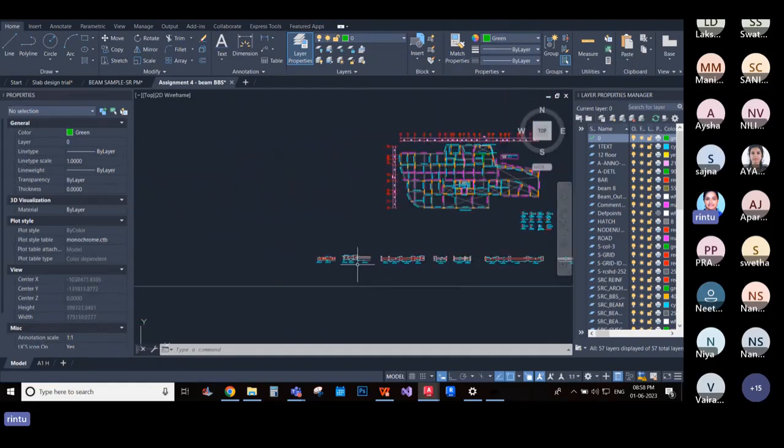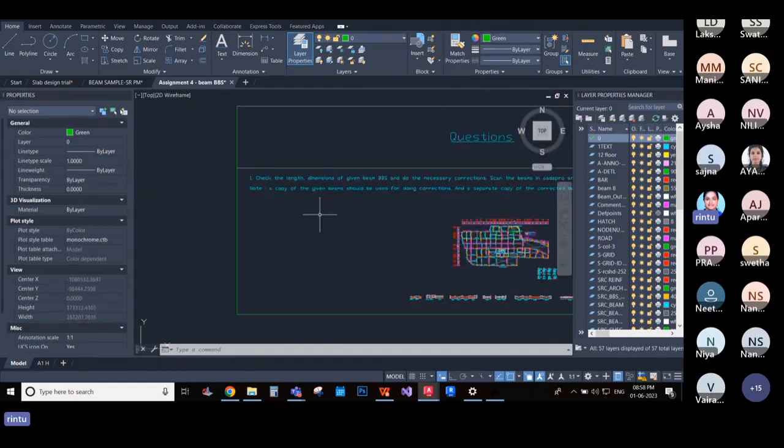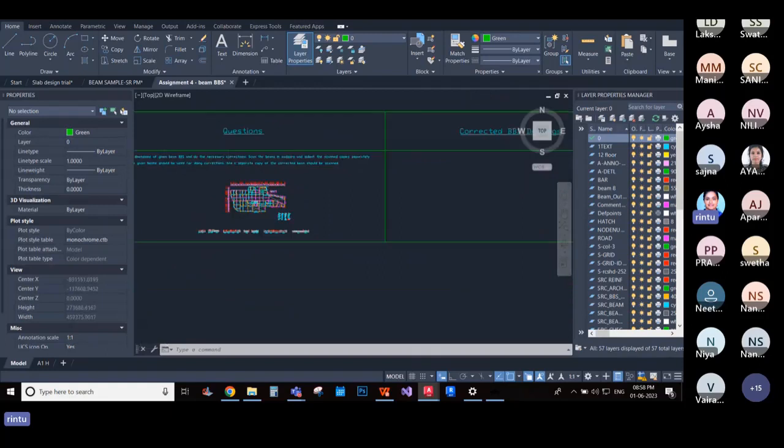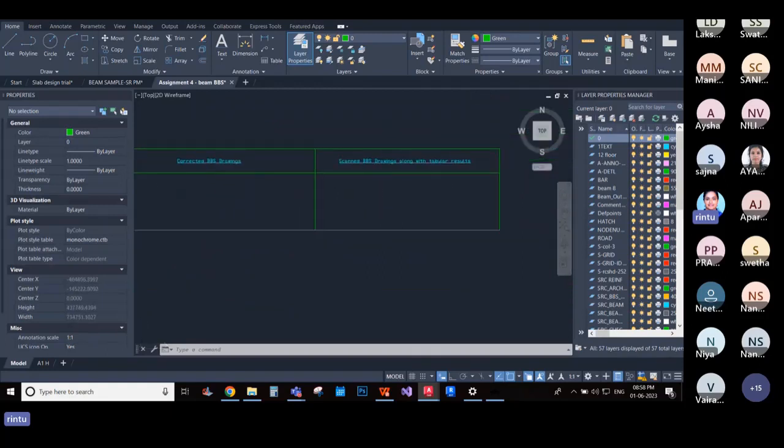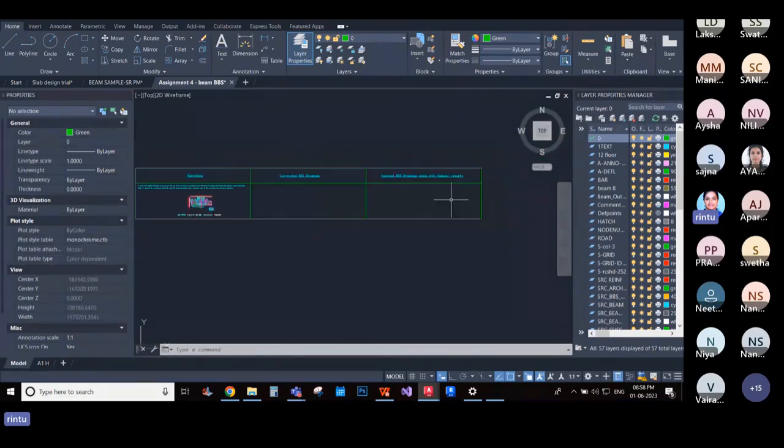Okay, this is your assignment question. What is to be done is clearly mentioned over here. You will have to give the corrected BBS drawings, the scanned drawings. When you submit your assignment, you will have to share this AutoCAD file along with the PDF format I have shown earlier.